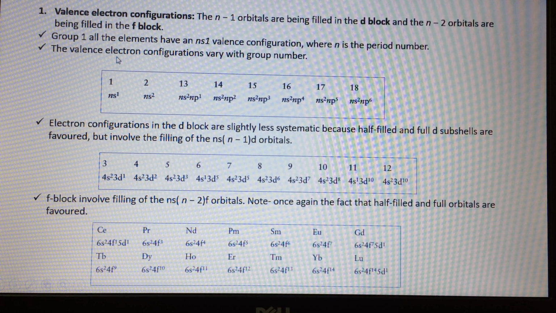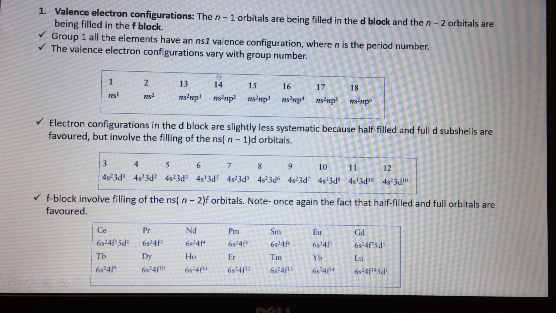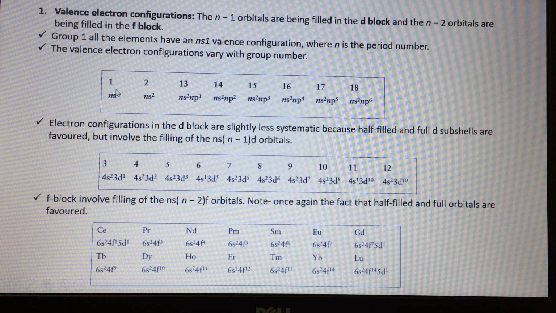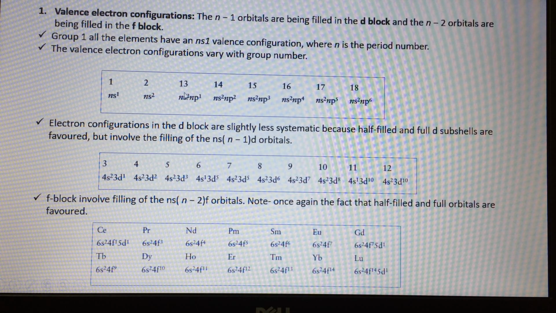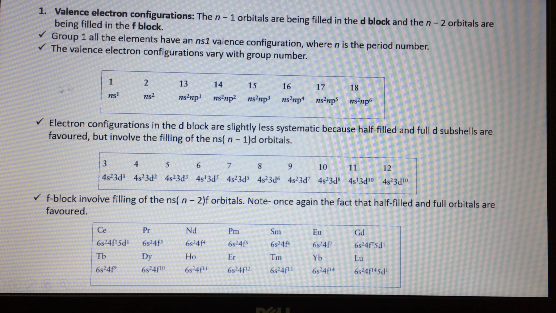This valence electron configuration depends on group. If you see the alkali metal group and alkaline earth metal group, ns1, ns2, and then the boron group 13, and 14 and 15, 16, like that.